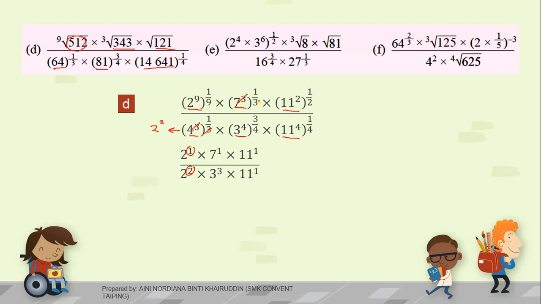So this is 7 to the power of 1, 11 to the power of 1. Same goes to this, 11 to the power of 1. This one, 3 cube. Then I can cancel out this because this is the same value. So 1 minus 2 is negative 2. So this is the final answer, 7 over 54.